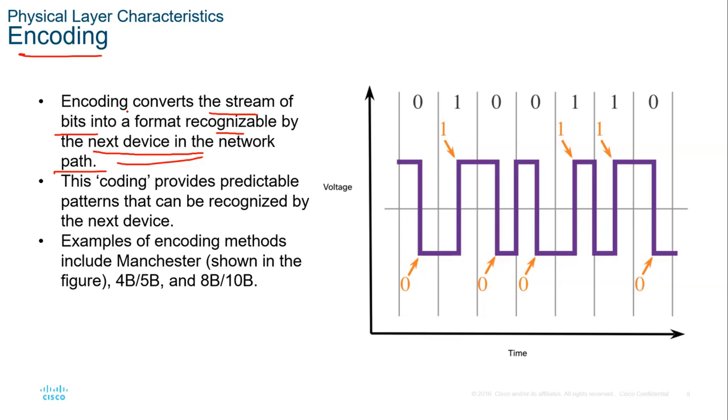The same method or mechanism will be used even by the device that receives those bits. This encoding provides a predictable pattern that can be recognized by the next device. An example of an encoding method is Manchester. Manchester is just an encoding mechanism. So it depends on whether the device supports that mechanism. Or if it doesn't, then there should be a mechanism that will help in.